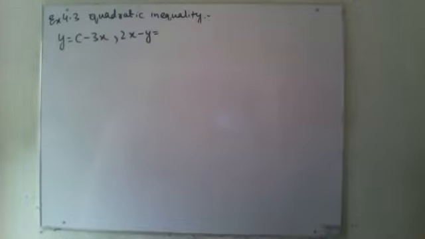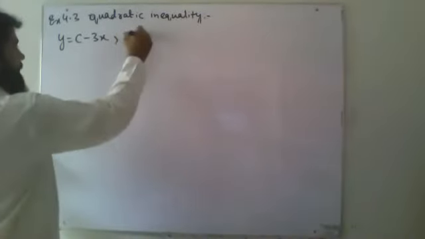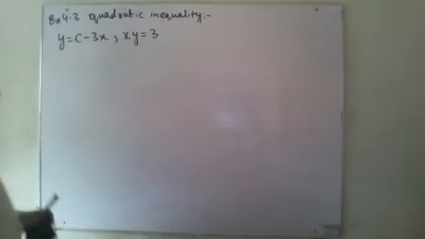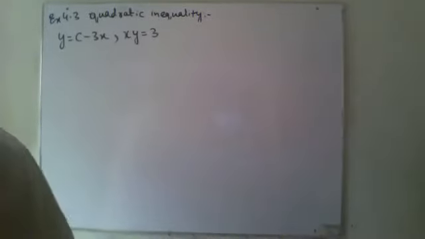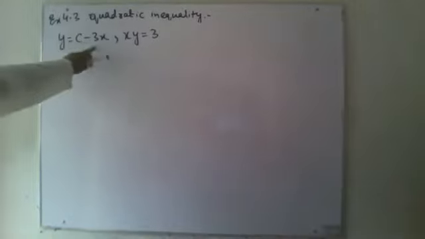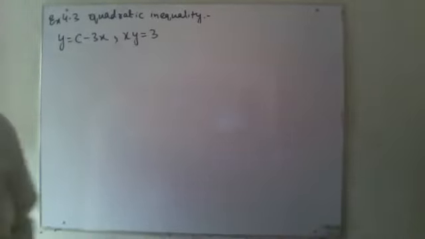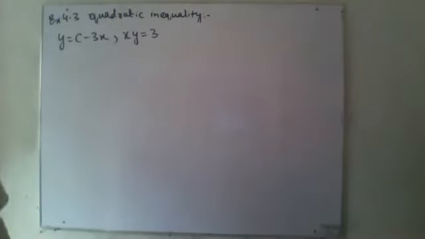Sorry, it does not intersect a curve xy equals 3, and they are saying find the range of values of c. The line is y equals c minus 3x, and the curve is xy equals 3. So how am I going to solve it?